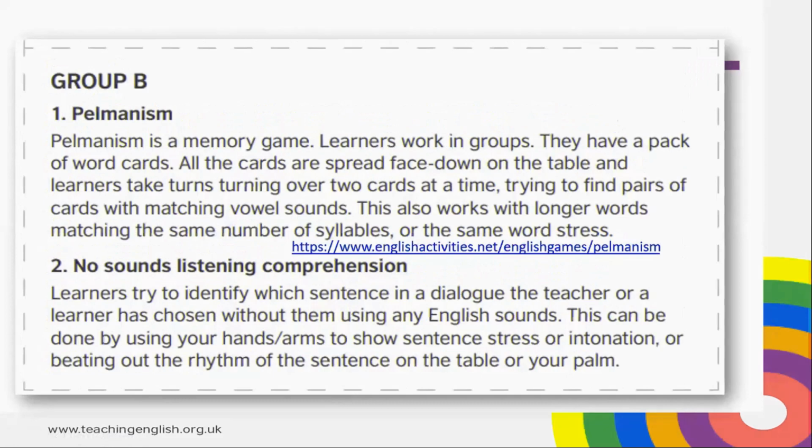Okay, in this part, you are to give the students a short text, and they are to choose one sentence from the whole text. And for this sentence, you can tell them, choose the stressed word.